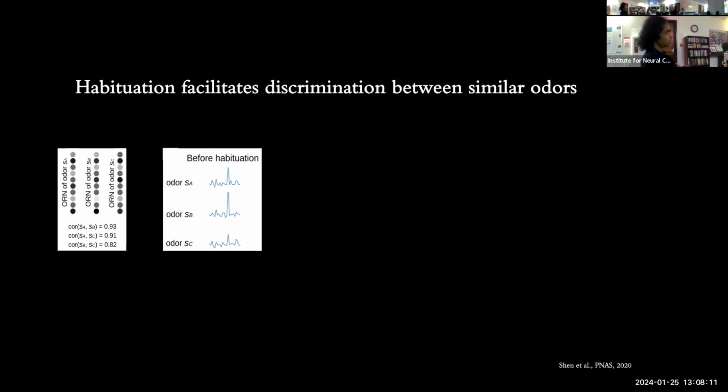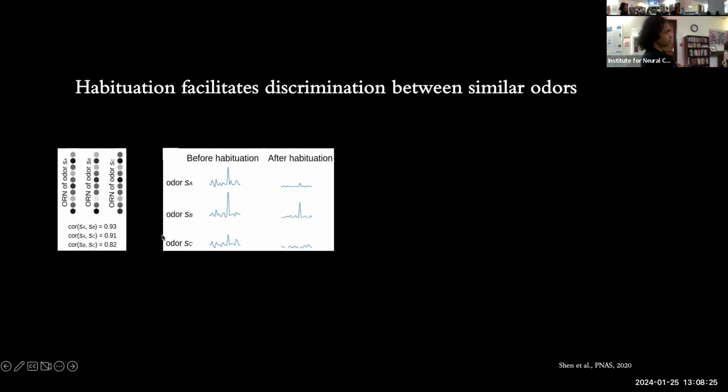Just like when people try to discriminate two types of roses, it's very hard to tell them apart just by their smell. However, if you habituate yourself to odor SA, you can see that the responses in the projection neurons for odor SB and odor SC are now quite different.